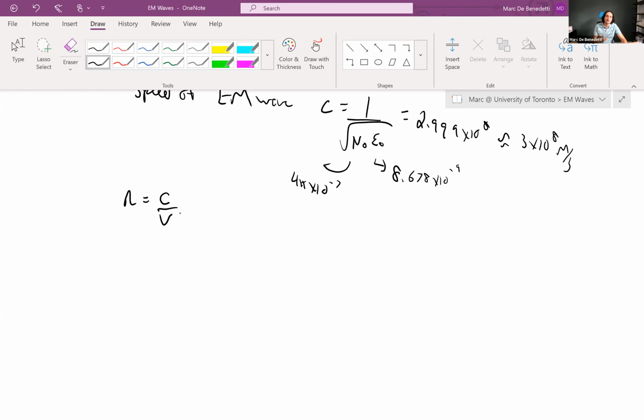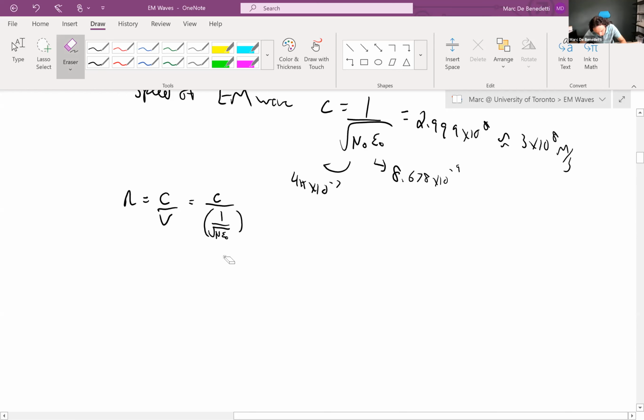And before, we would have to measure that empirically and then reverse engineer what the index of refraction is. However, now we can say this is simply 1 over root mu epsilon, and that's a compound fraction, so we can flip it up and simplify this a little bit.